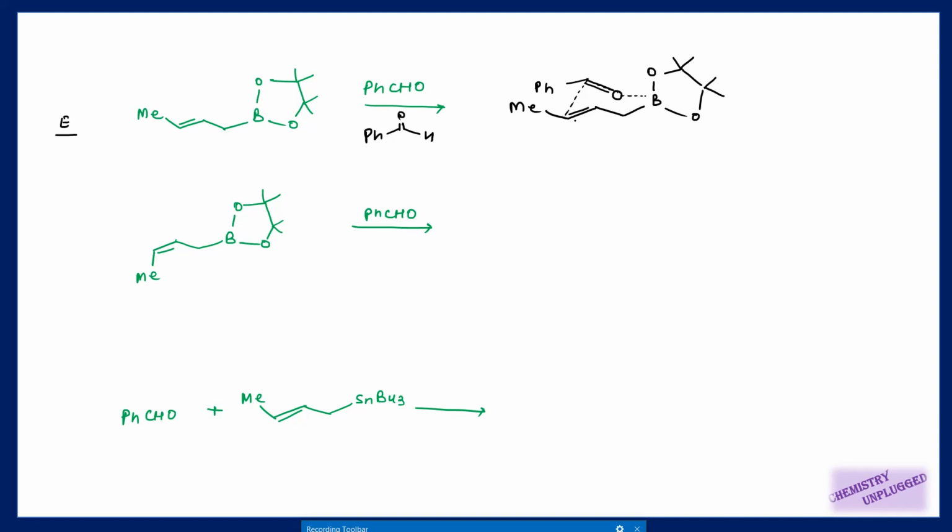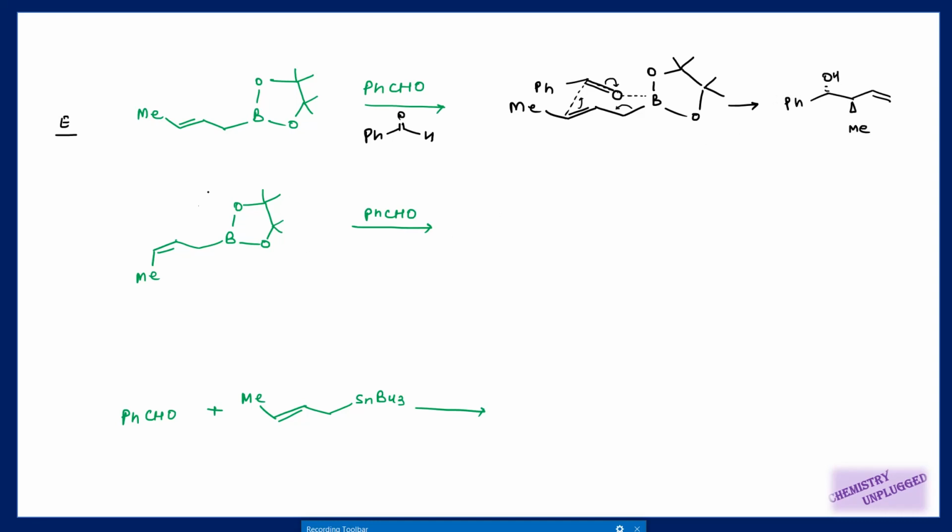So this will be the structure of the intermediate. Then in the reaction, this bond will shift here, this will shift here, and it will form OH. And these two are anti to each other, so in the final product we will get these two groups anti to each other.